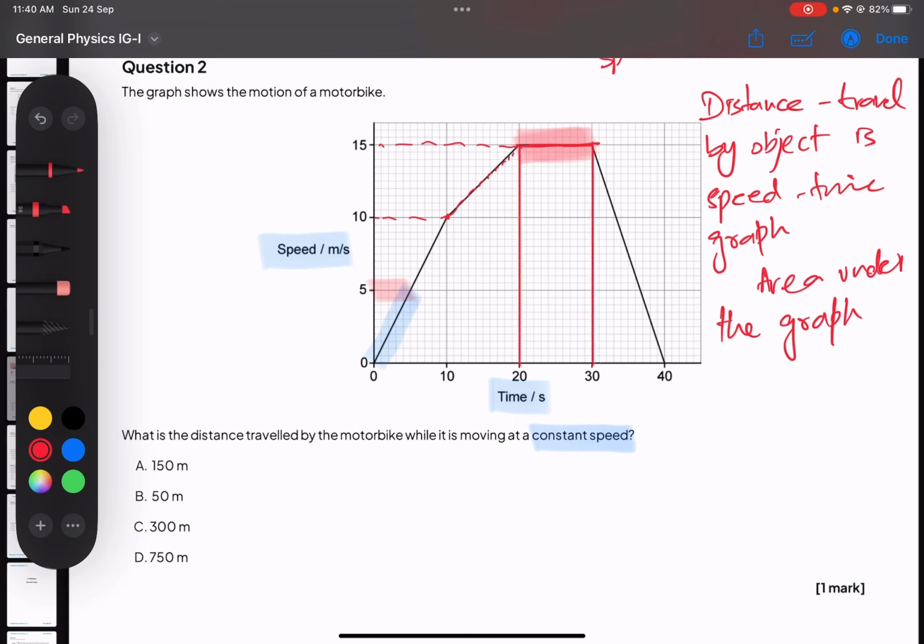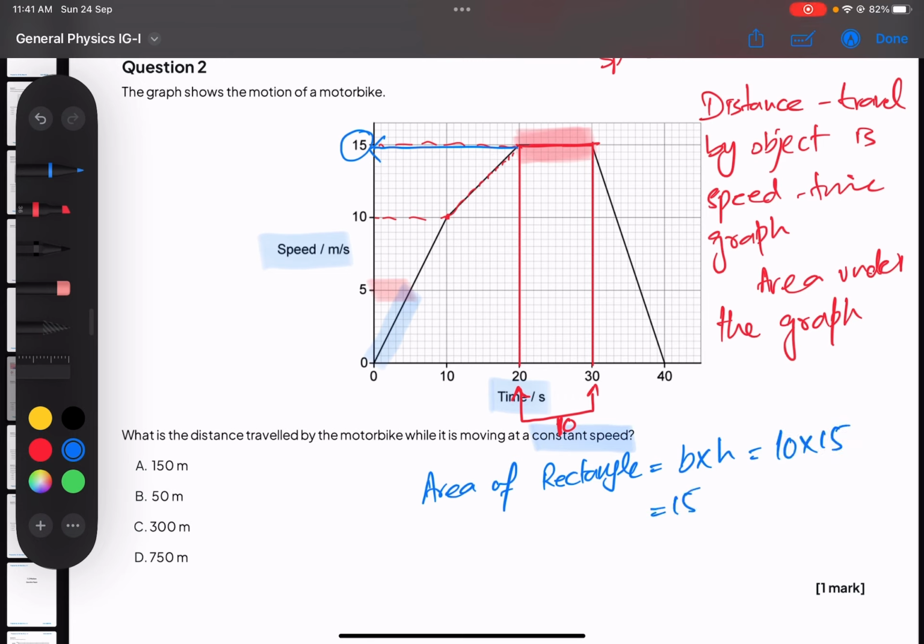From 20 to 30, it is 10 is the base of this rectangle, and 15 is the height. Area of rectangle is equal to base into height. Base is 10, height is 15. That will give you 150. So this area is equal to distance, it's 150 meter. It's option A.